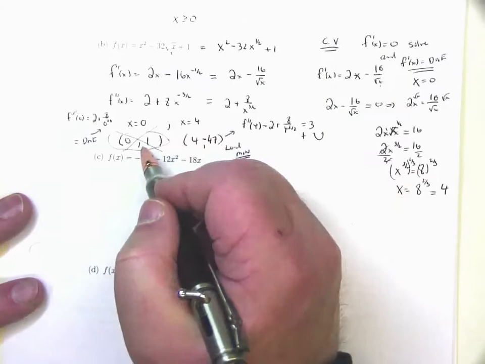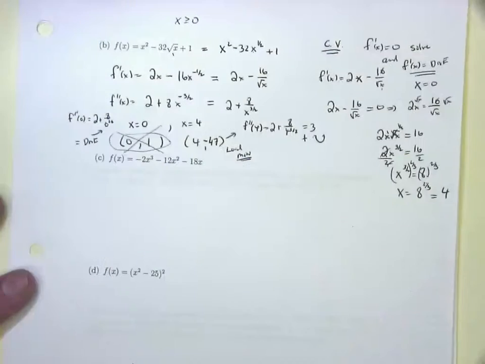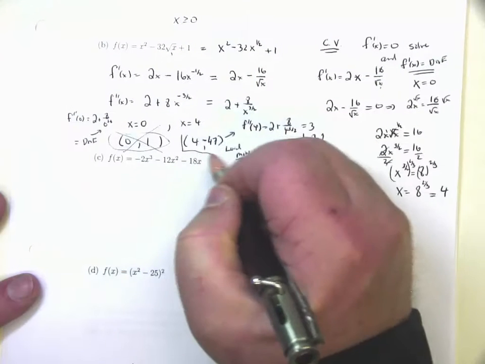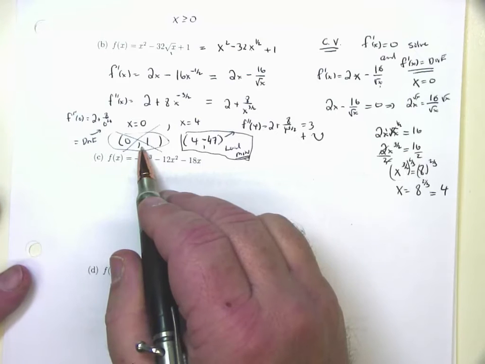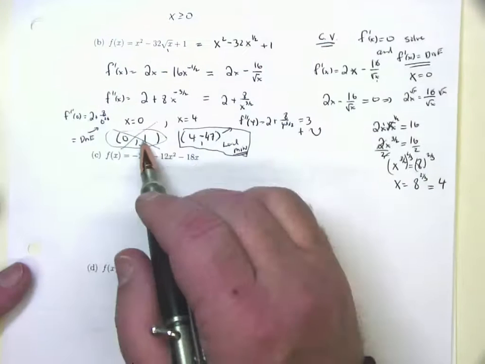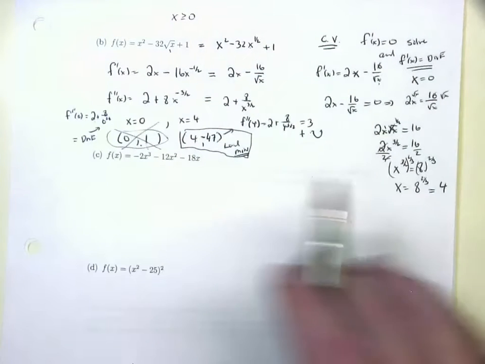You basically end up having to graph it, but you only have a local minimum in this particular problem. This is just going to be, quote unquote, an endpoint, not an actual critical point. Does that make sense? You've got to be able to plug it into your second derivative to use the second derivative test. This tells you nothing. It's just going to be an endpoint.